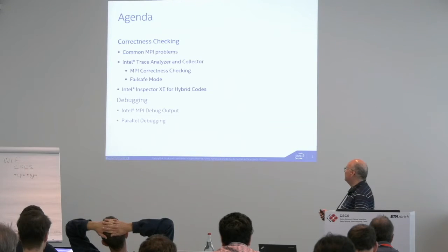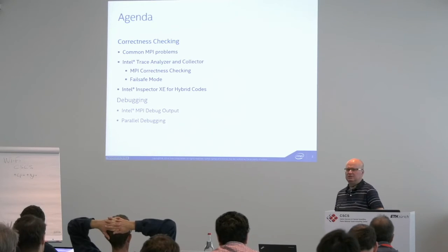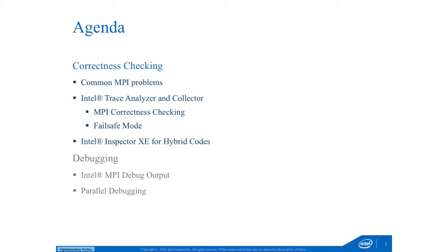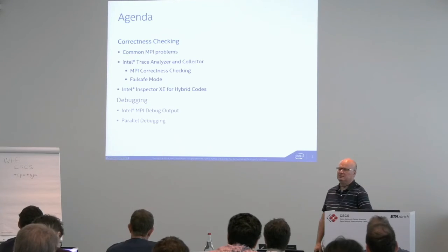Let me say more about it later. So the correctness checker is checking for common MPI problems. It checks if the interface was used correctly, if it finds errors like wrong data types or so. That's very easy.